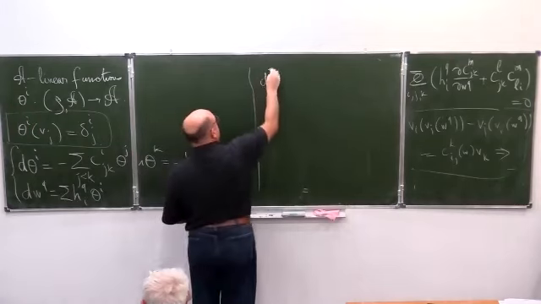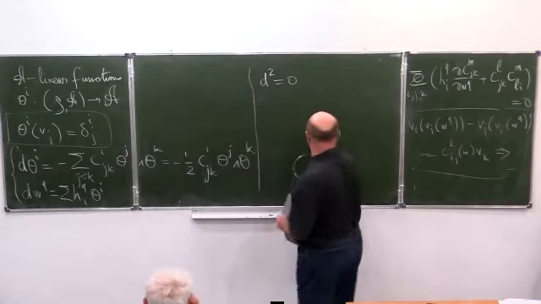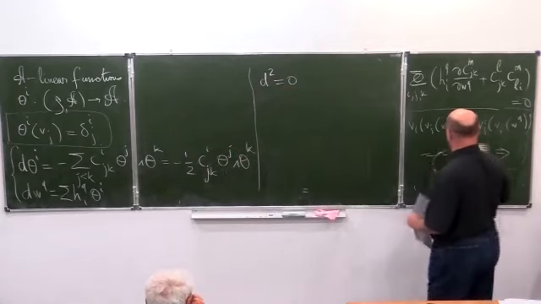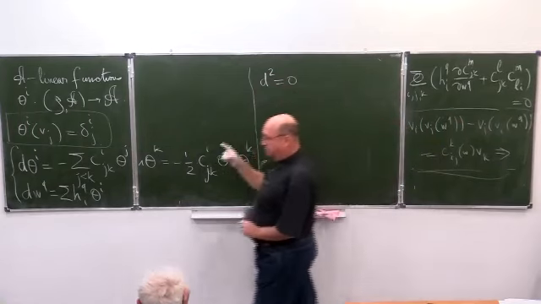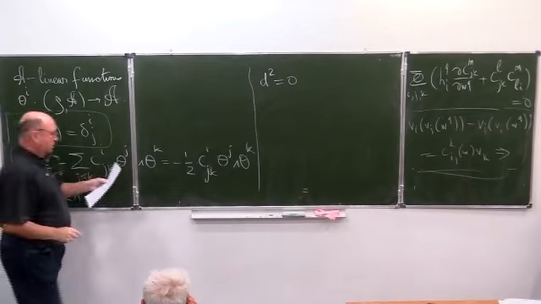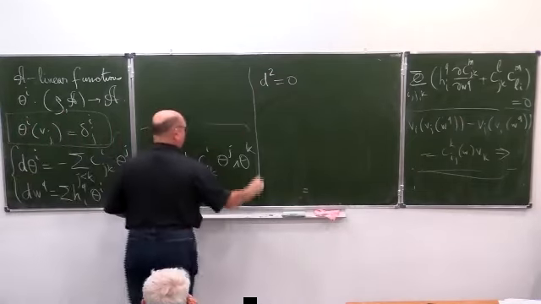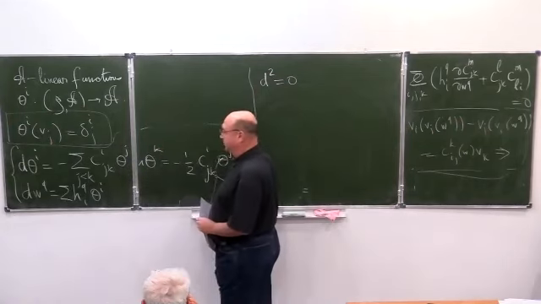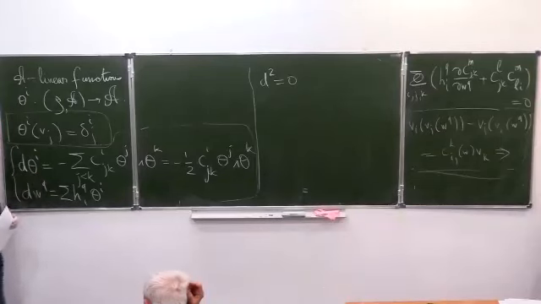Then the square of this differential will be 0 if and only if the requirements for functions C and H are satisfied. So this system is referred to as the structure equations of our Lie-Rinehart algebra.